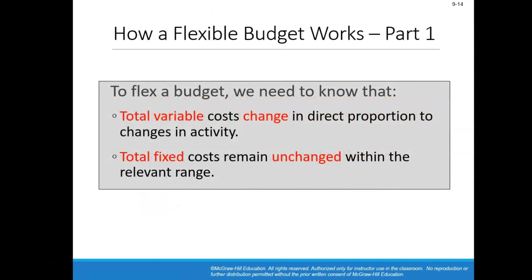For a flex budget, we need to know that total variable cost changes in direct proportion to change in activity. Our total fixed cost remains unchanged within a relevant range. So if we cut maybe between 500 to 700 yards a month, then our fixed cost will stay consistent within a relevant range.